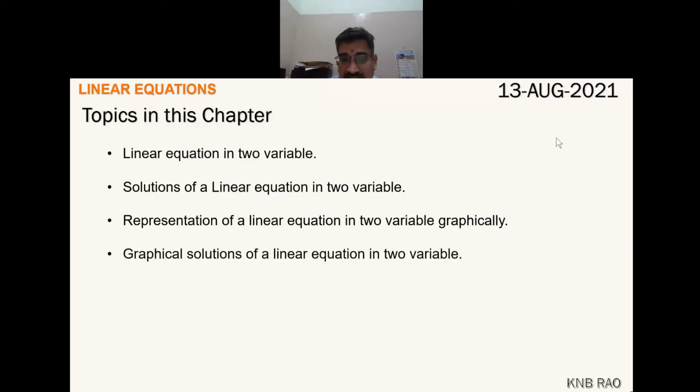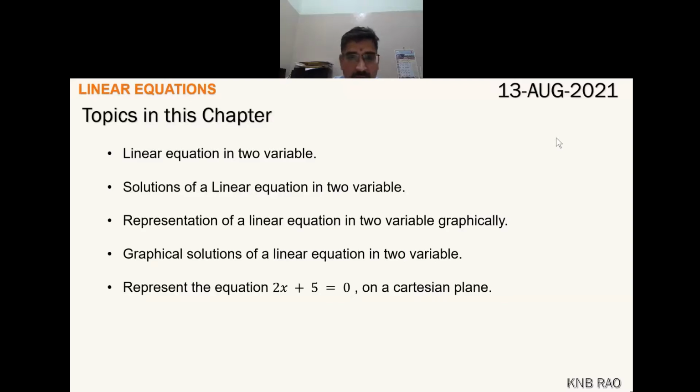How will they look if we are given two or more linear equations? What would the graphical solutions of them represent? And later, on the Cartesian plane, representing the linear equation in one variable such as 2x + 5 = 0. These are the important topics that we are going to cover in this chapter.